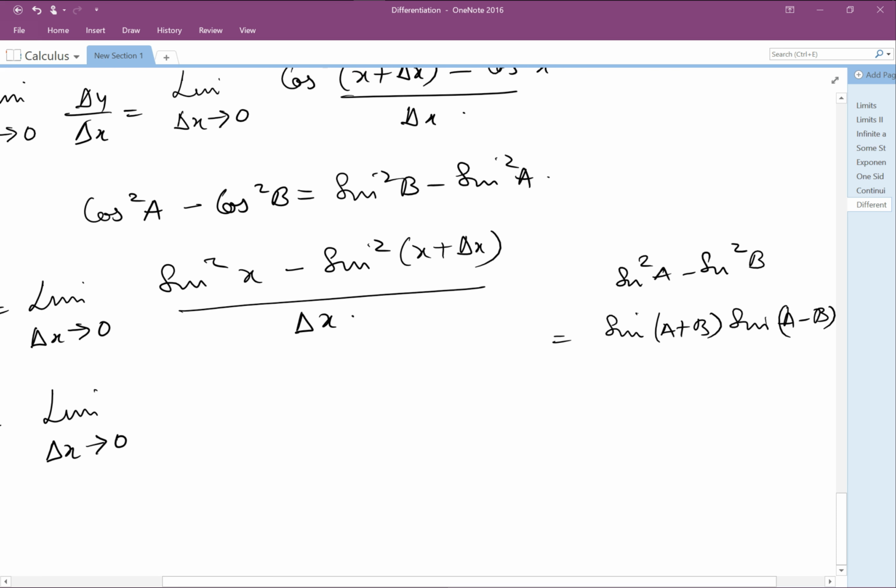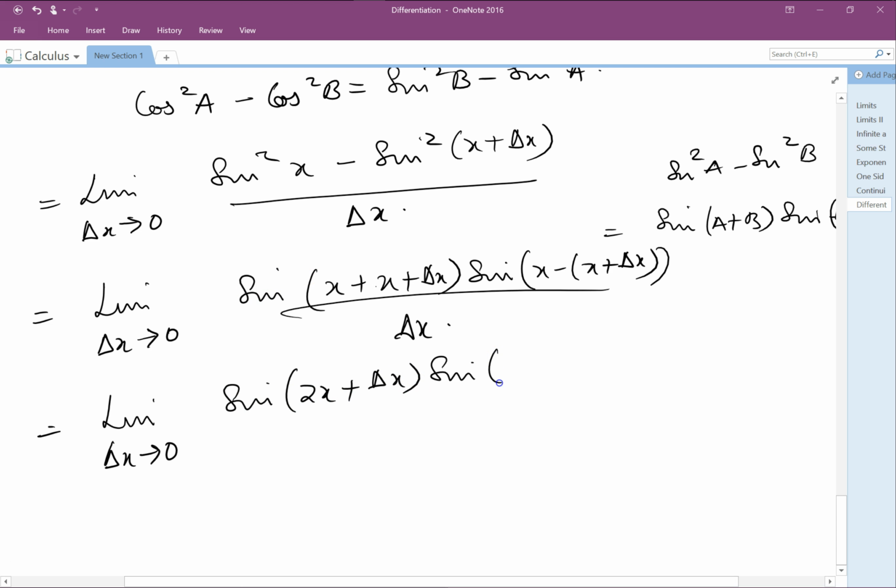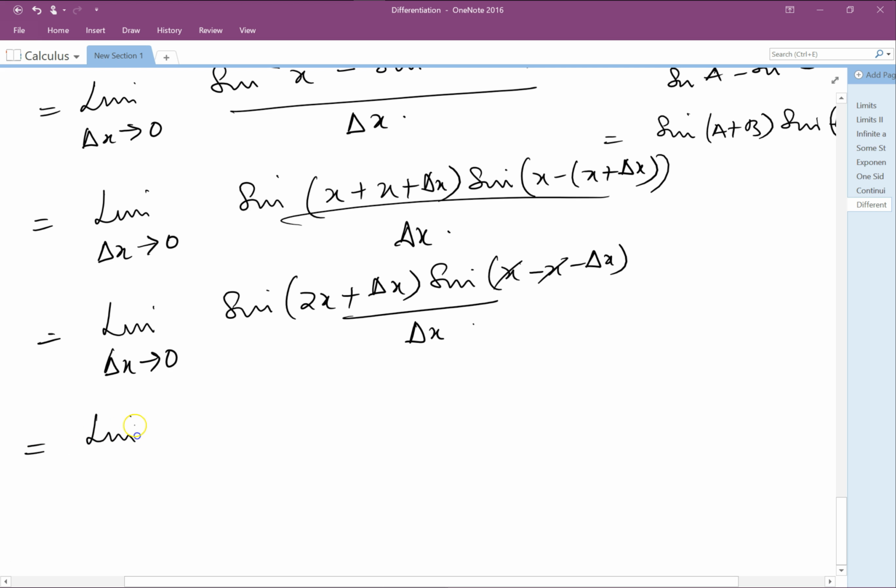So our statement becomes sin(x plus delta x plus x) sin(x minus x minus delta x) divided by delta x, which is equal to limit as delta x approaches 0 of sin(2x plus delta x) sin(minus delta x) by delta x. Of course, these two get cancelled, so which means our statement becomes sin(2x plus delta x).